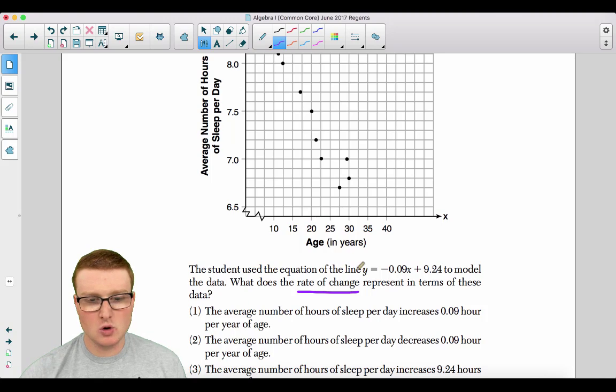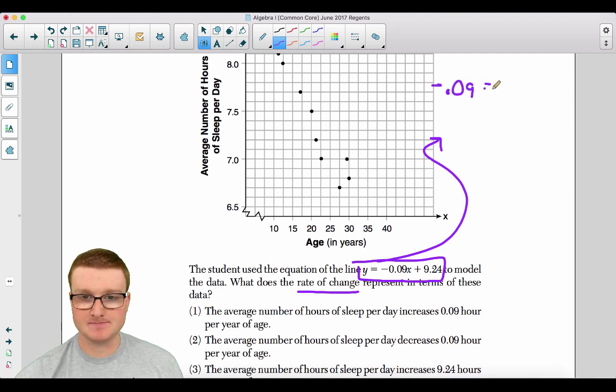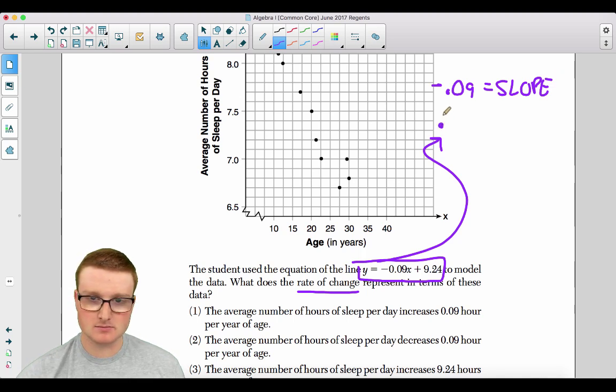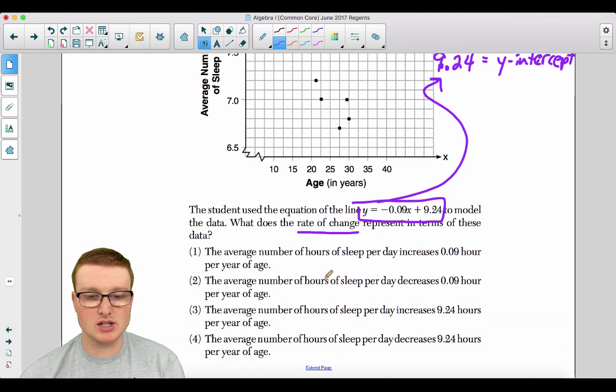So real quick, this is an equation of a line. Let's dissect what each piece means. Negative 0.09 is your slope, right? 9.24 is your y-intercept. So if we look at the question, it says, what does the rate of change represent? Well, the rate of change means slope. That's a code word for slope.